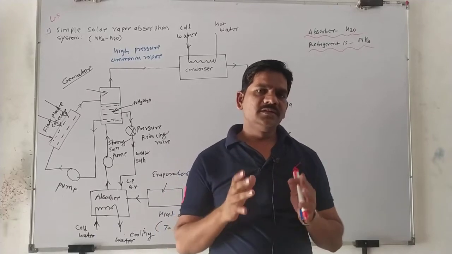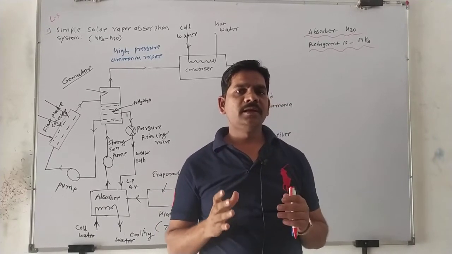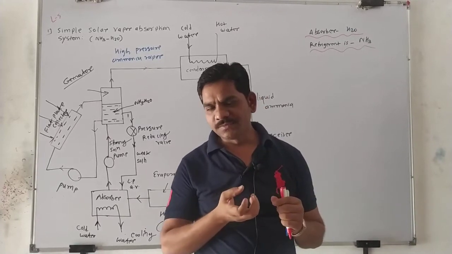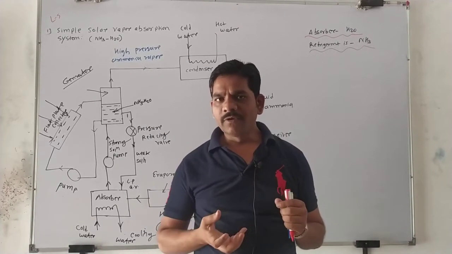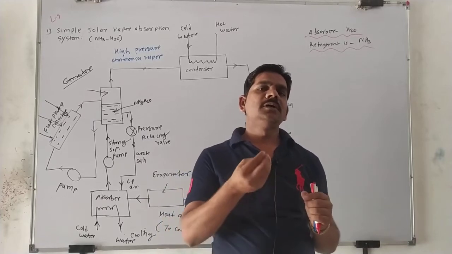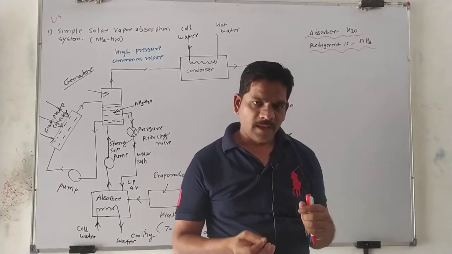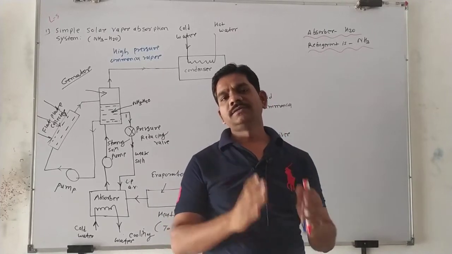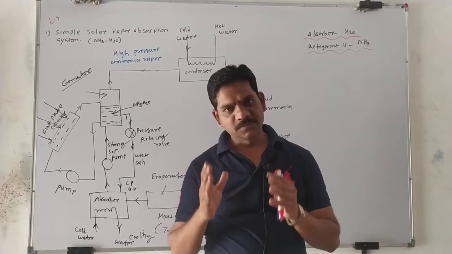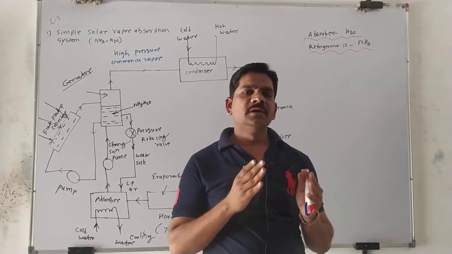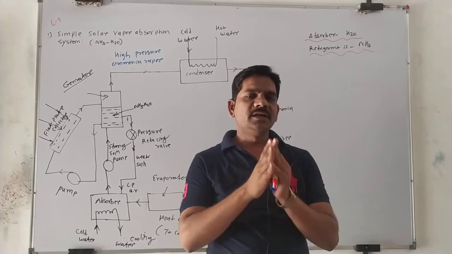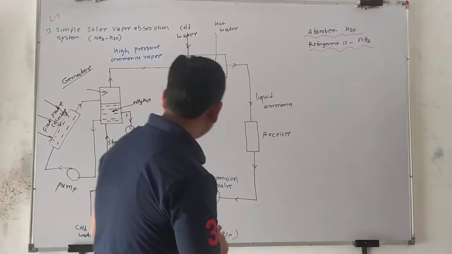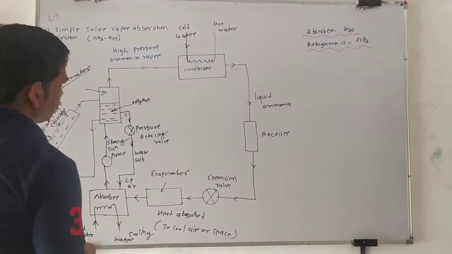So water is nothing but the absorber and ammonia is the vapor. Water is the absorber and the refrigerant used here is ammonia. Okay, so let's focus here and discuss.